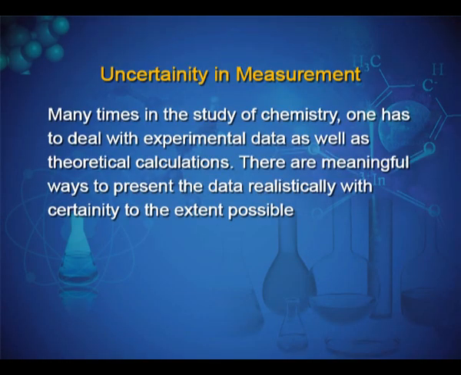Many times in the study of chemistry, one has to deal with experimental data as well as theoretical calculations. There are meaningful ways to present the data realistically, with certainty to the extent possible.